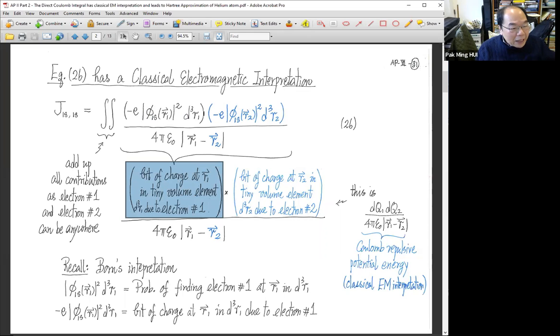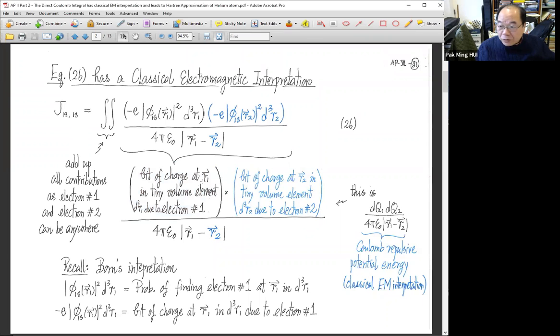So I pause here, that is the key point. Is that okay? Okay, good.